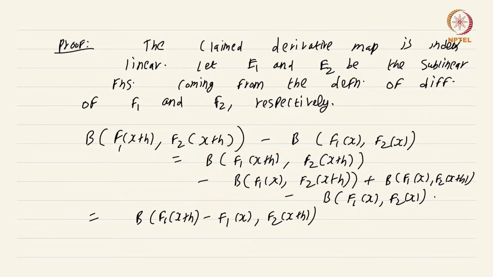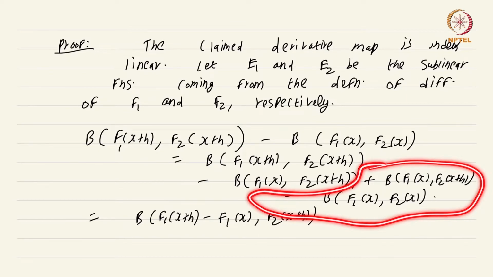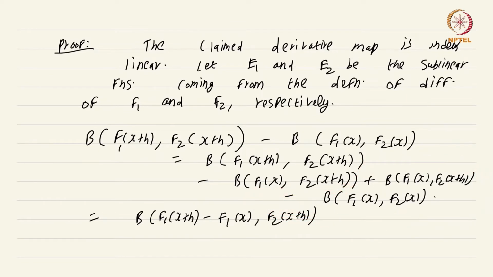In a similar way, we are going to combine these two terms by bilinearity. So you will get plus B of f1x, comma f2 of x plus h minus f2 of x. So we have just applied bilinearity twice to combine certain terms. So we have the term of the required shape.